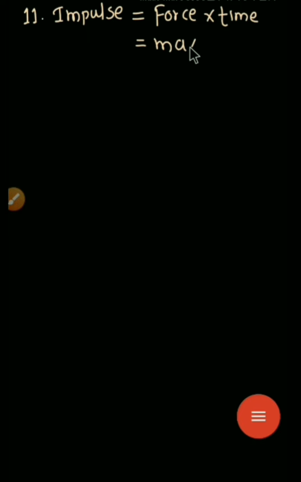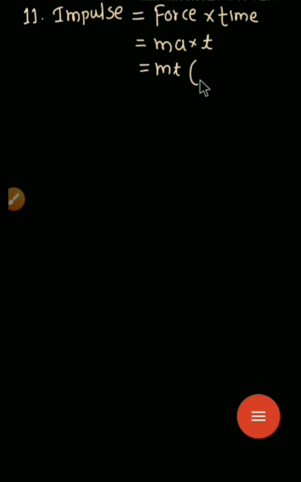Next physical quantity is impulse. What is impulse? Impulse is nothing but force into time. Impulse is force into time. Force we will write as mass into acceleration, and this time is as it is. Now look, mass and time both are what? Fundamental.